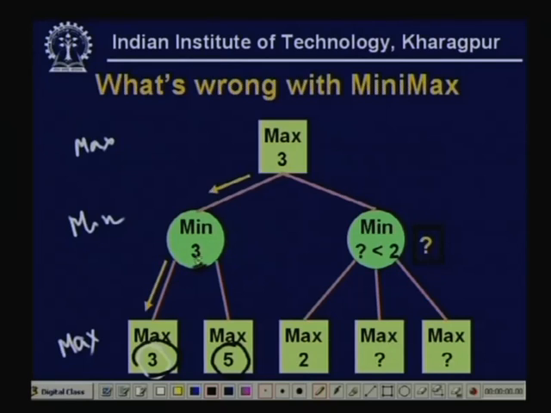Now, when the minimax value of this node is equal to 3, since this is a maximizing node, the value of this node must be greater than 3. The min of this node is exactly equal to 3. So, the value of this max node must be greater than 3, because max is a maximizing node.